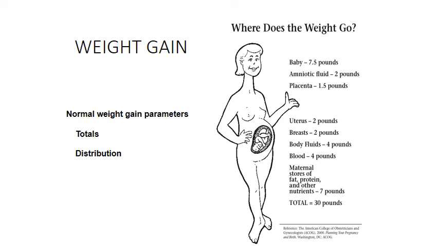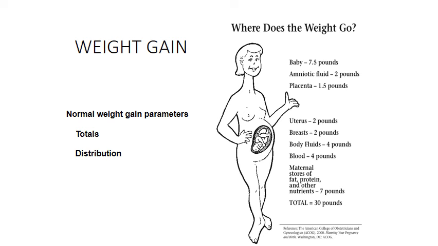Now look, for somebody with a normal BMI, you're going to have 25 to 35 pounds. The book says 1.1 to 4.4 pounds in the first trimester. You can just say about 5 pounds during the first trimester, and about 1 pound per week after that.